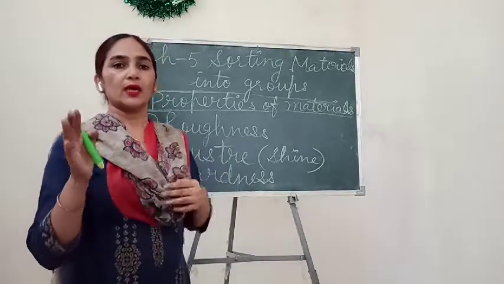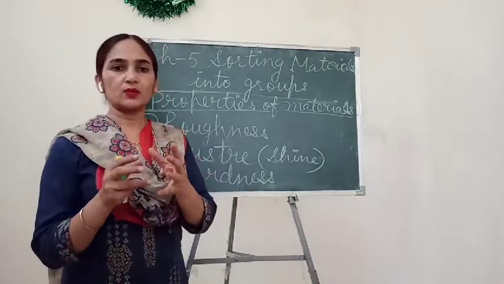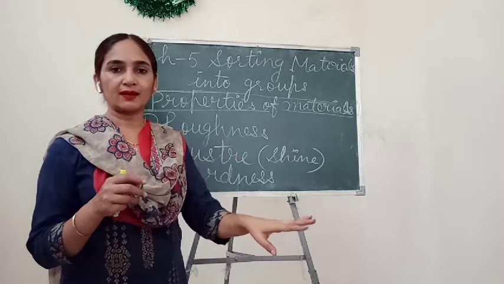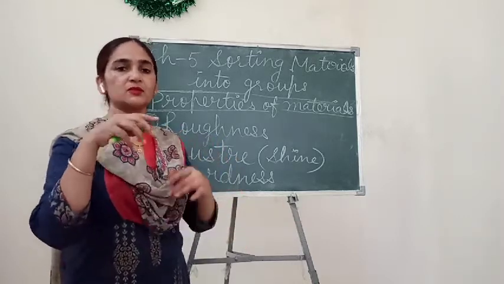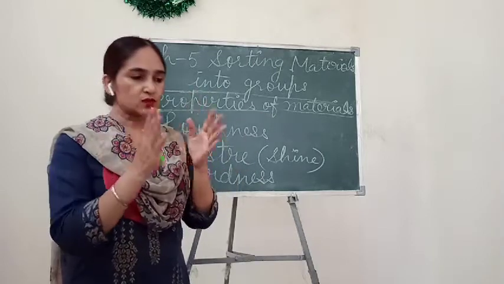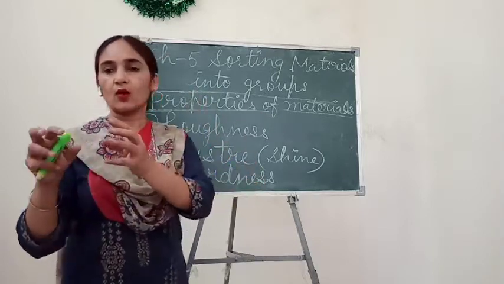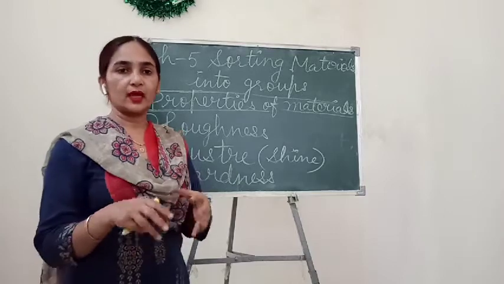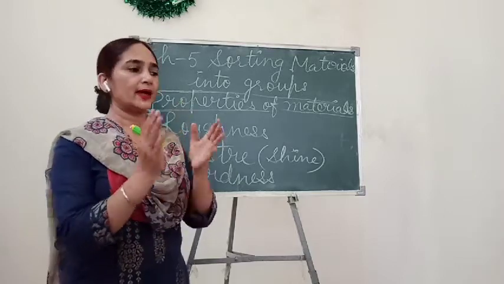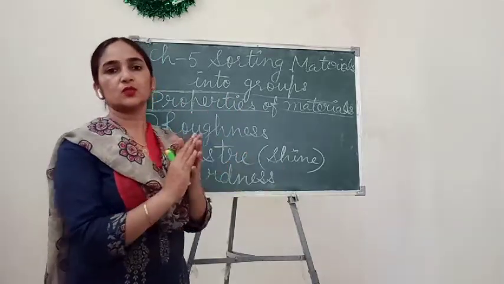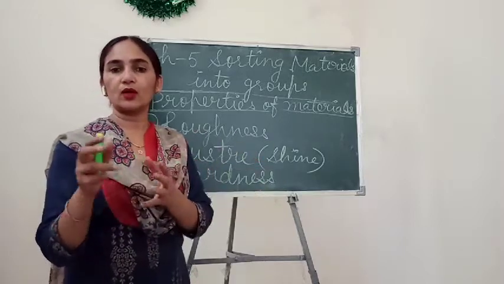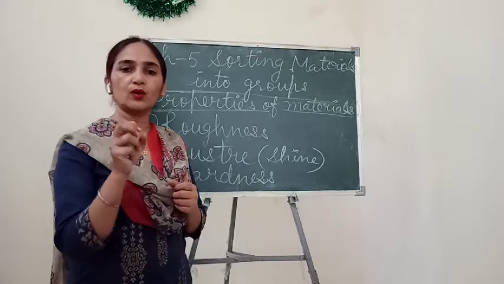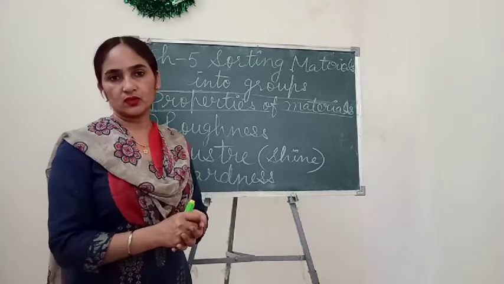Okay, suppose some marbles, meaning some stones, are kept there, or cotton balls are kept somewhere. Then you easily identify that these stones are hard, so we can easily separate them from the cotton balls, because cotton balls are very soft in nature.